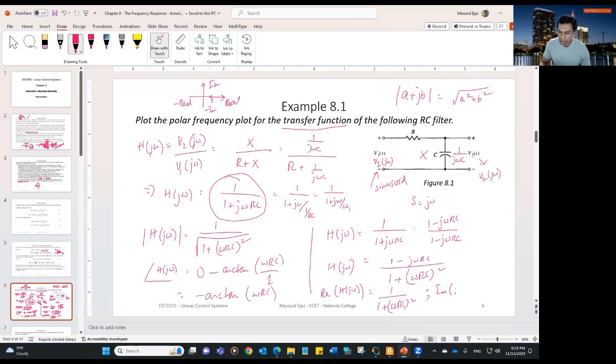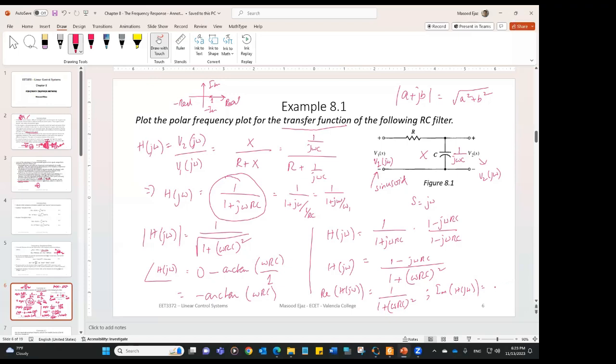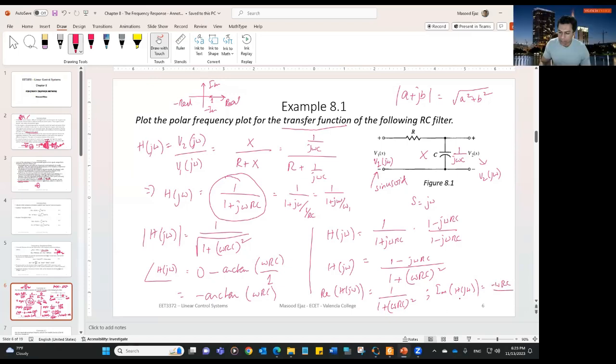What is the imaginary part of H of j omega? Negative omega RC over 1 plus omega RC squared. You can put j if you want. That is correct. Imaginary part is negative j.